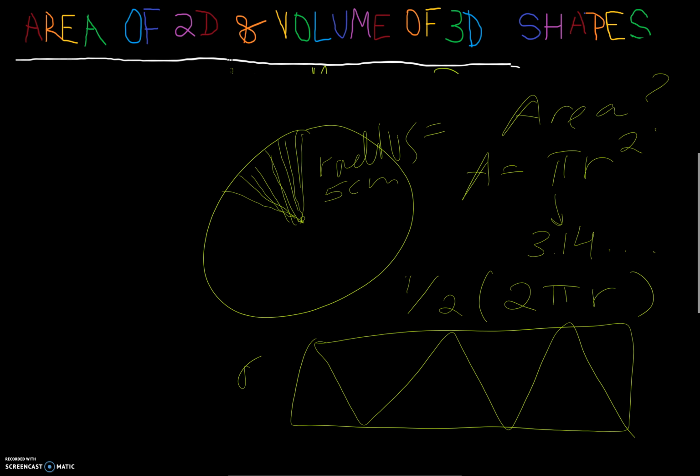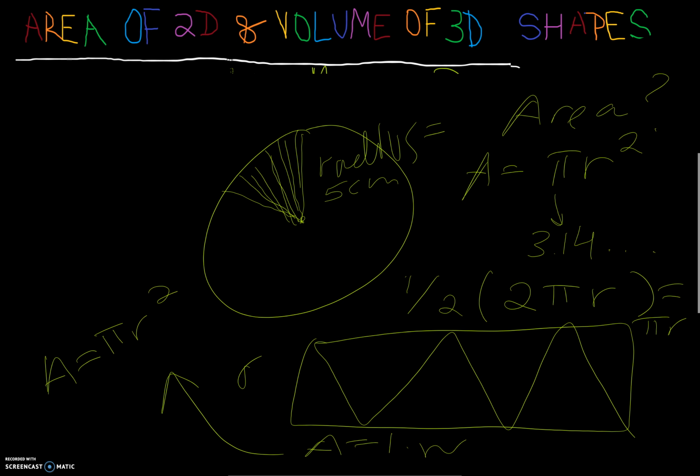I'm not going to tell you where we get that from, we're just focusing on area. So if we know that the area of a rectangle is length times width, we can say the area of this circle, because we took the contents and put it together in a rectangle, is going to equal r times 1/2 times 2 pi r, which is just pi r. It's going to equal pi r squared.